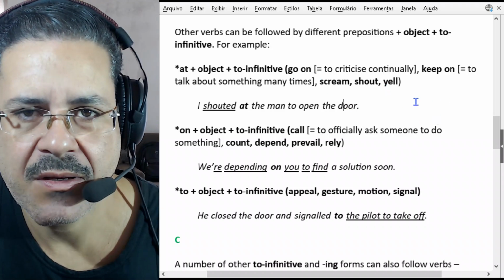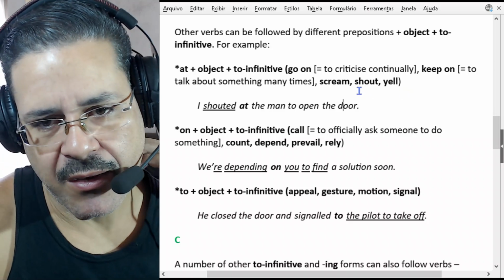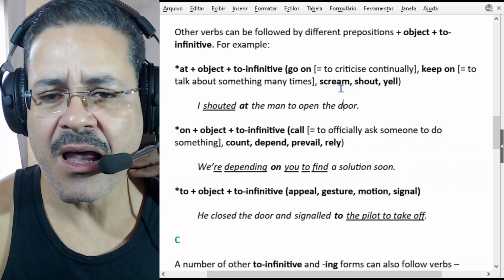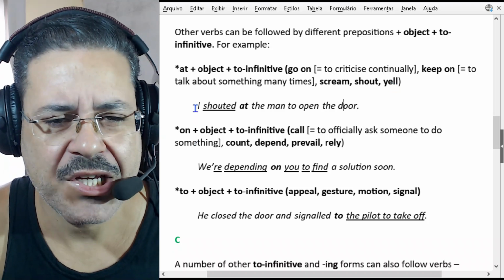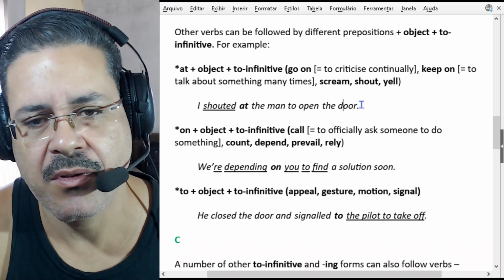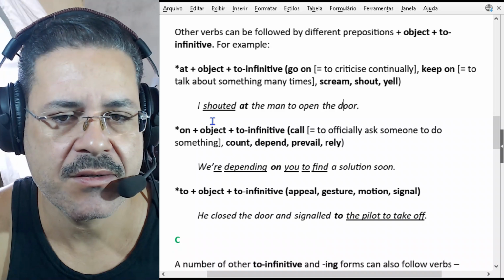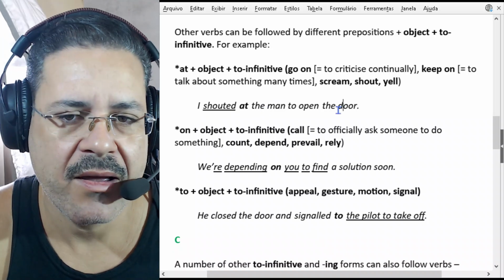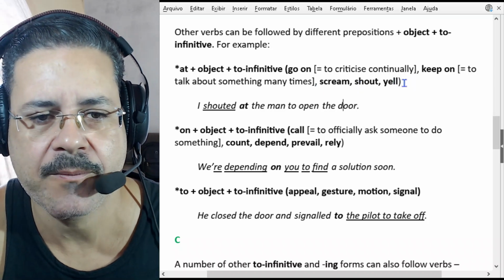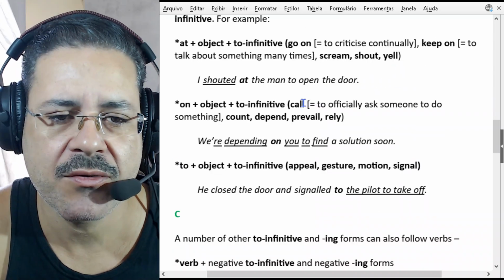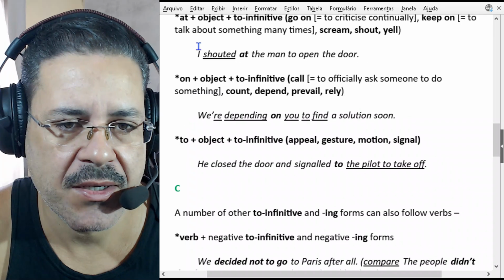Again, I shouted at the man to open the door, or I screamed at the man to open the door, or I yelled at the man to open the door. They mean the same thing. They're synonyms. Okay, moving on to another pattern.